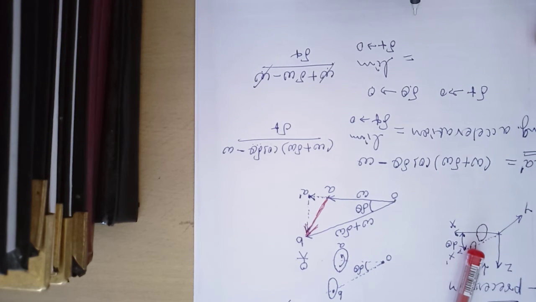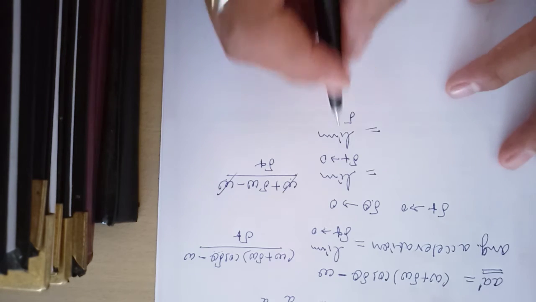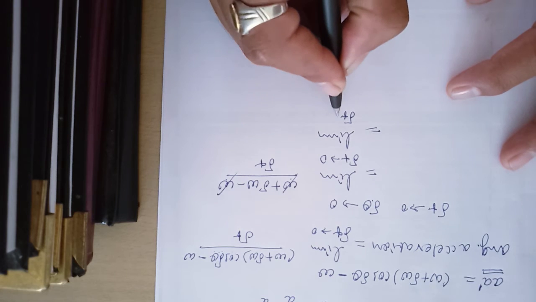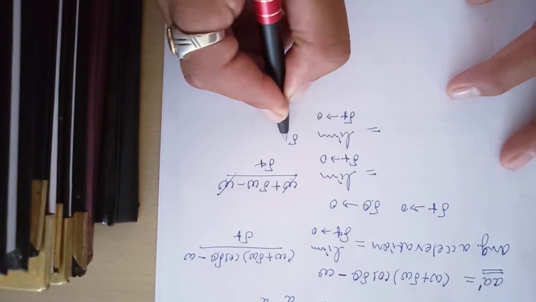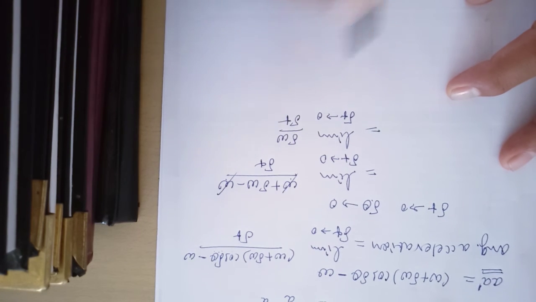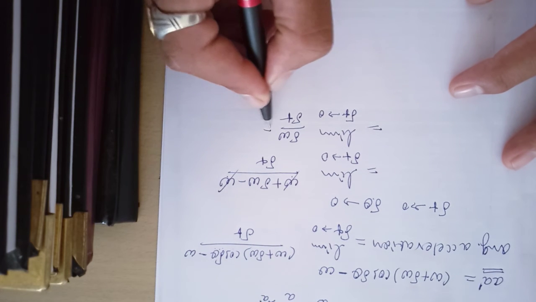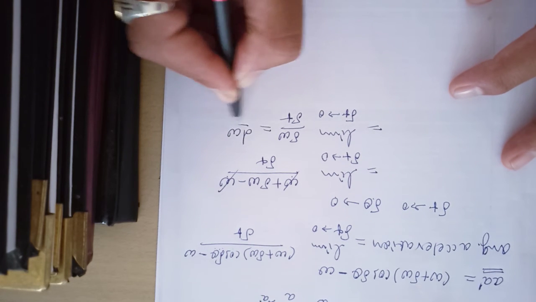So finally it is limit del t tends to 0 del omega by del t, and it is nothing but d omega by dt.